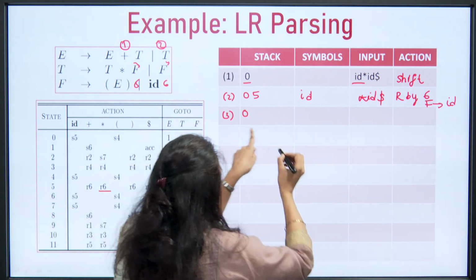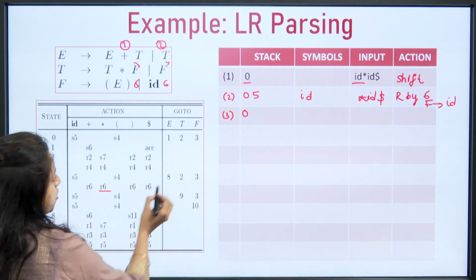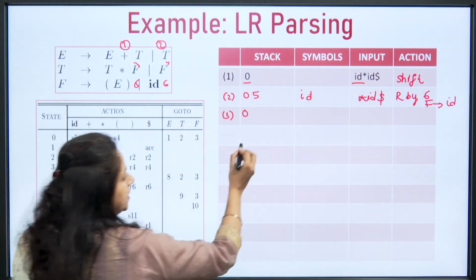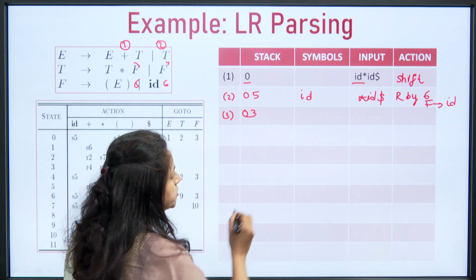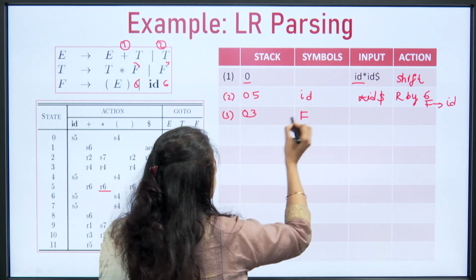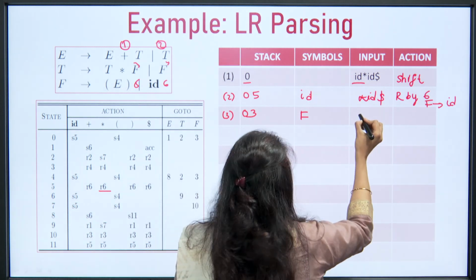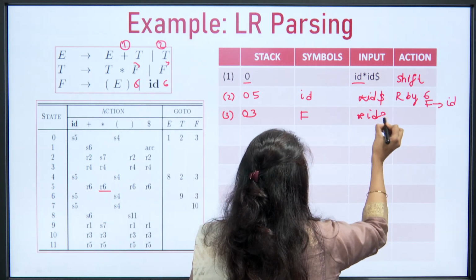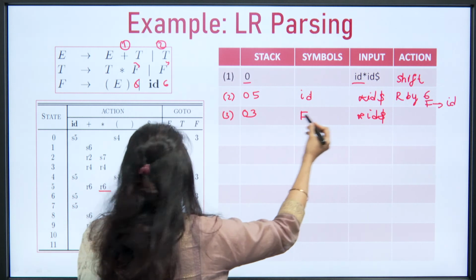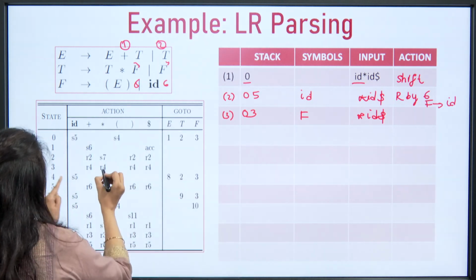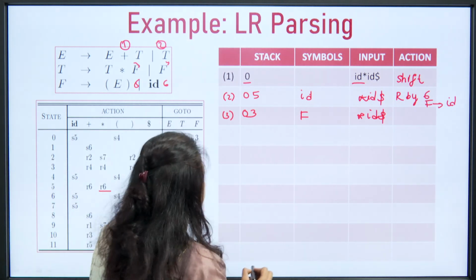Now, with respect to 0 and F, we will refer to the goto table, this is 3. So, here we will write 3 and the symbol is F, and there will be no change in the input. Now, next is 3 and multiplication. 3 and multiplication, reduce using 4.